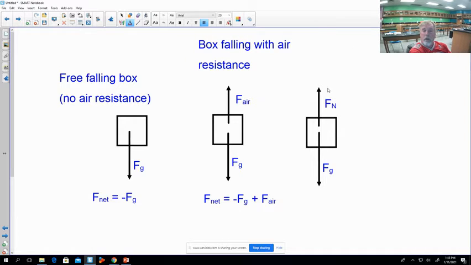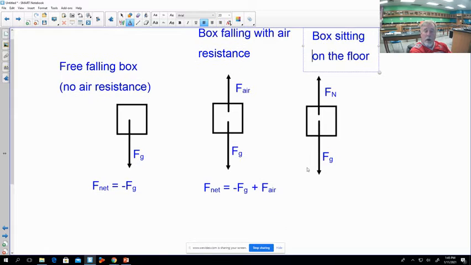And what do we have over here? This last one's going to be a box sitting on the floor. Okay. Let's draw our F net. Let's come up with our F net for this last one here.